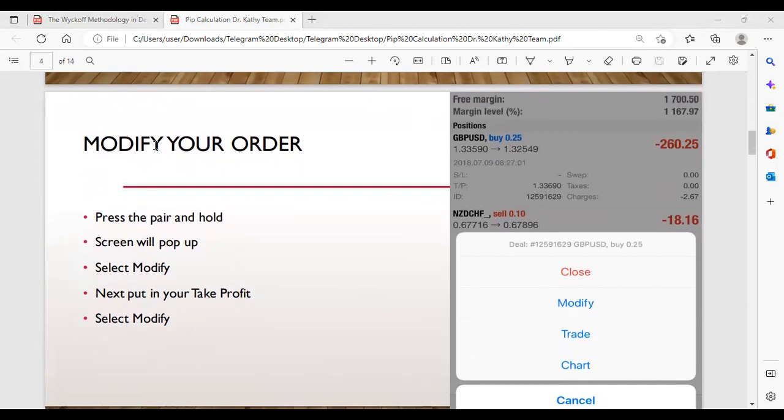Now let's say you want to modify your order, in a situation where you have already entered your trade and placed a buy or sell order.